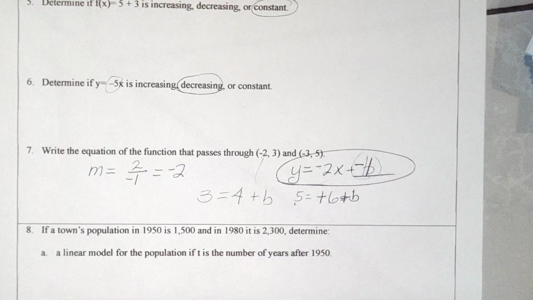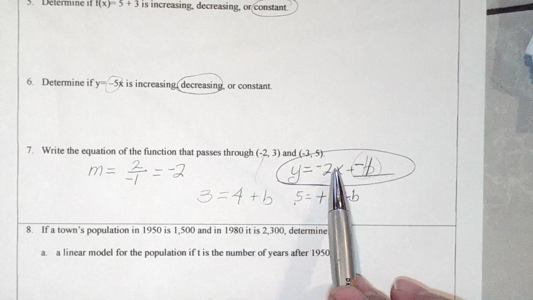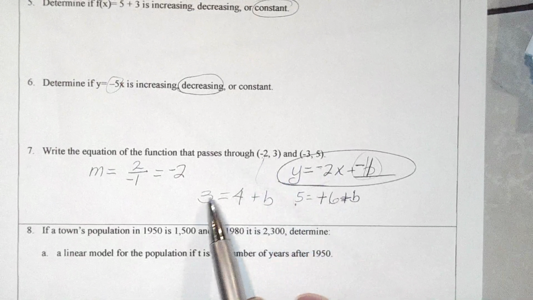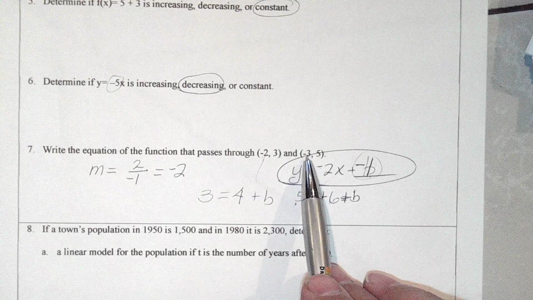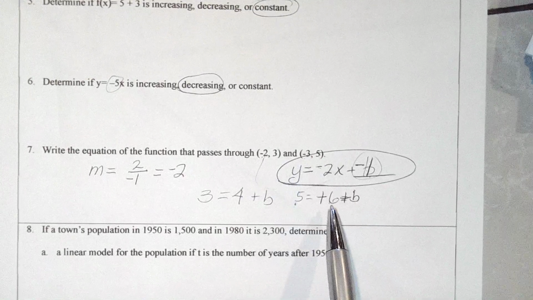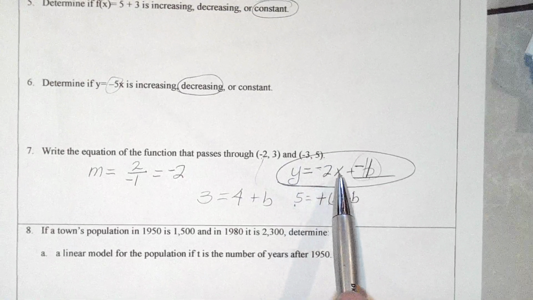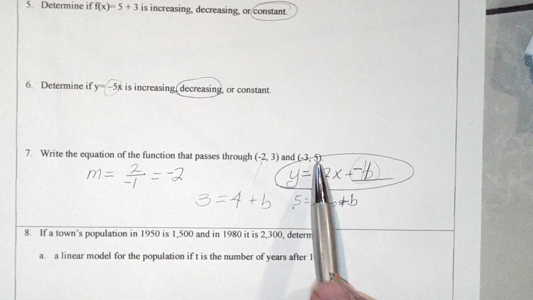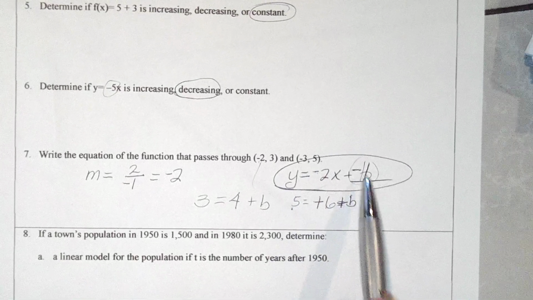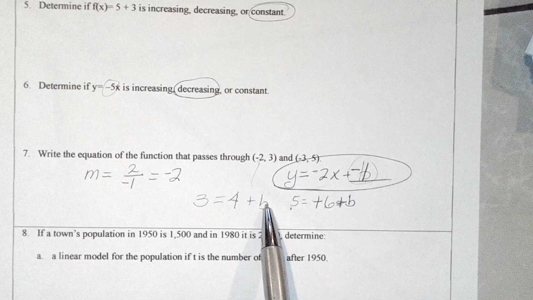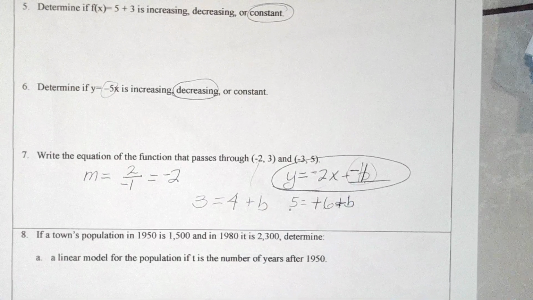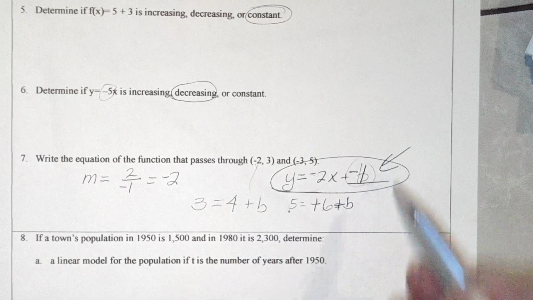And that's a good way to check and make sure you've done things correctly. If you put that in for the x, you're supposed to get that, and it should work. But if I put that in for x, you get this, and 5, the same number should work here as it does there for b. In this case, it was negative 1. So I found the equation.